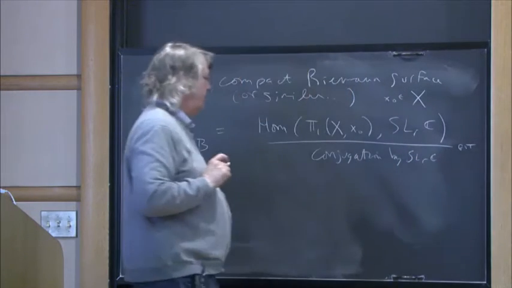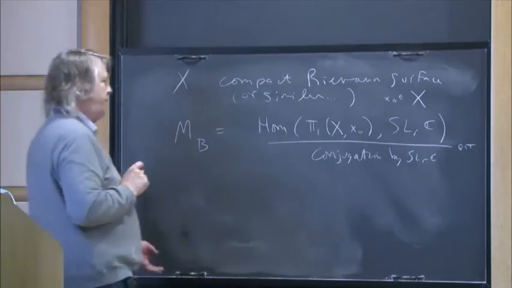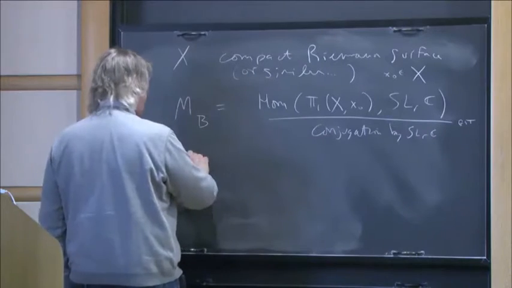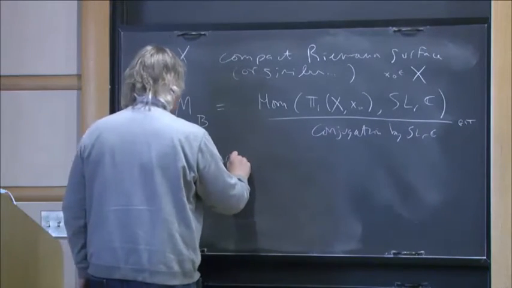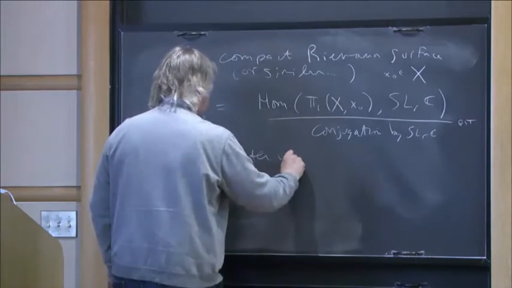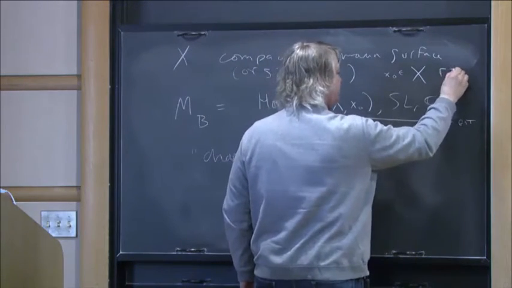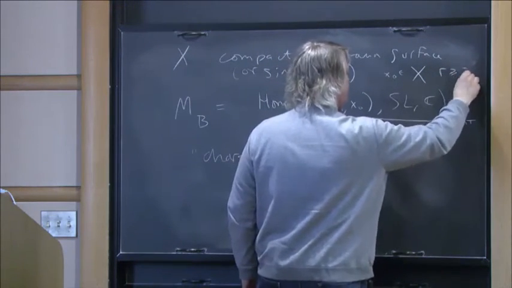The quotient is a GIT quotient. Let me explain this very briefly, but this is what's usually known as the character variety. r is some integer, say 2.